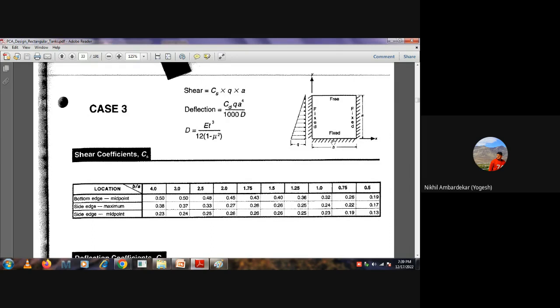And if you are talking about the side, yes, I need to check the side maximum. So I can find it at mid and side also. Correct. So now just calculate shear force for the wall with 2.5 aspect ratio with water pressure. This formula is there, and let me know your answers. What is the value of shear force? Just go with the maximum.